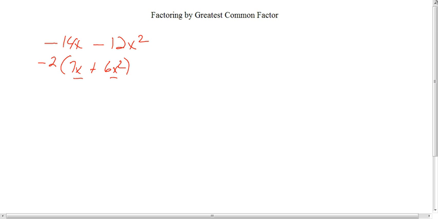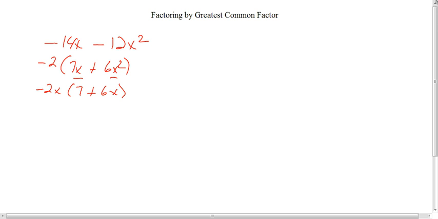So if that's the case, we didn't factor completely, and we can now pull out an x from each term, and that will give us a negative 2x because it's the smallest, and that's going to be a negative 2x times 7 plus, and then when we take out x from x squared, that leaves us with simply x.